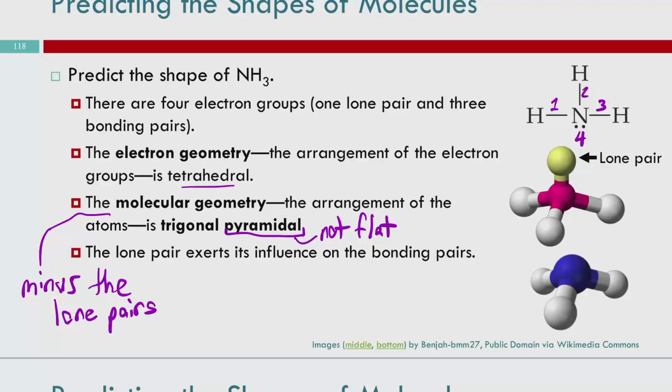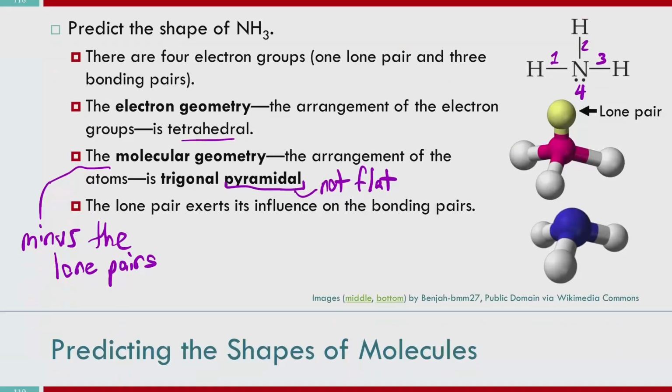So you make the shape for the electron geometry, you get rid of one of them, because we've got one lone pair, and boom, now we've got 3 pairs, so it's trigonal, and they're not flat. All 3 of them are bent out of the plane, rather. And so it's this trigonal pyramidal shape. So it's a pyramid instead of a flat plane.